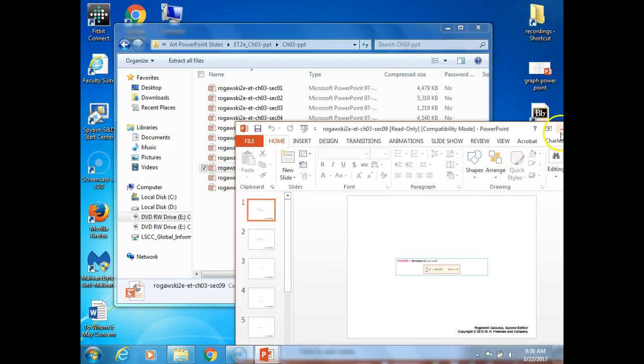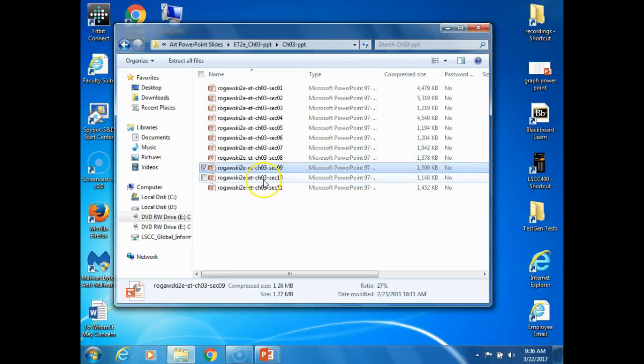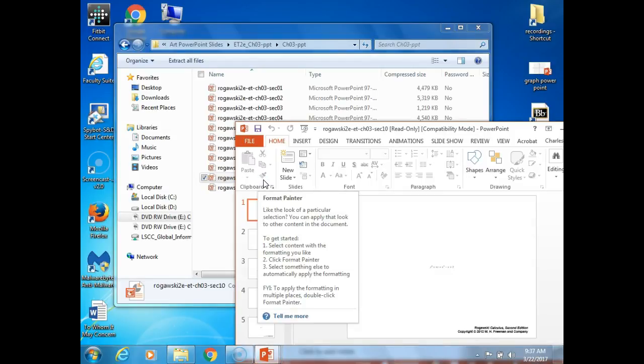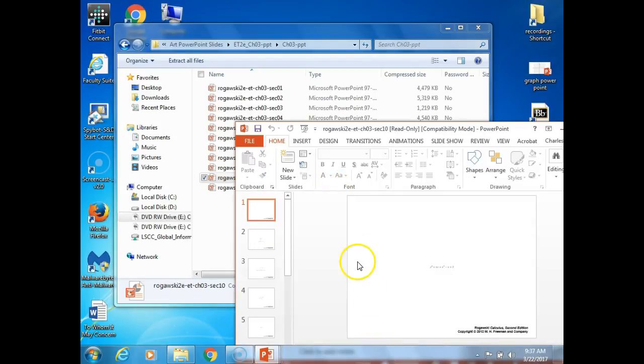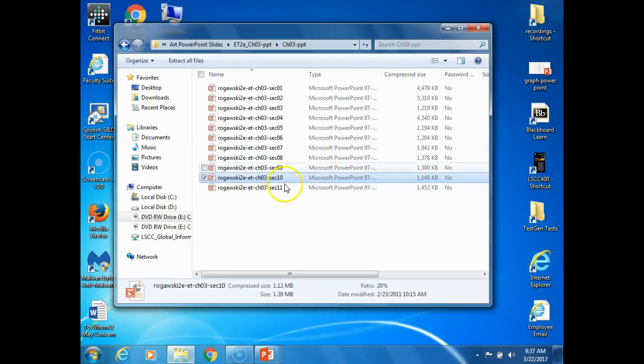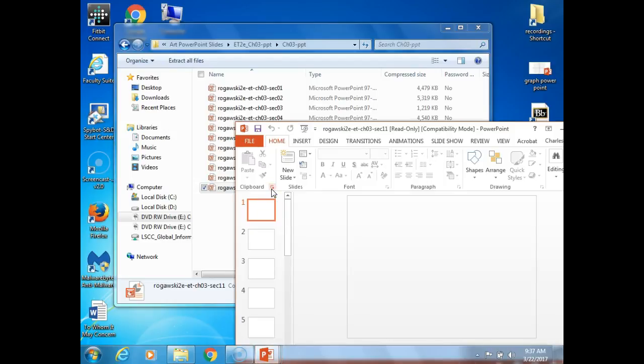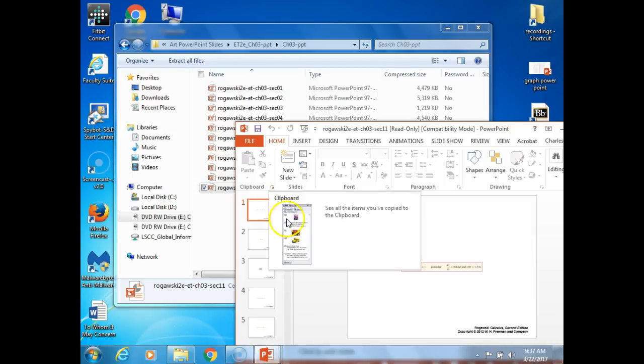So let's go to 310. Sorry, I should have caught this earlier. I don't believe that's it either. Let's try 311. Nope, that's not it either.